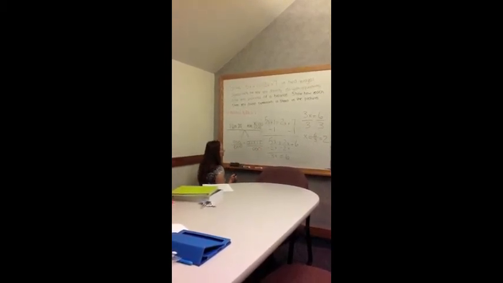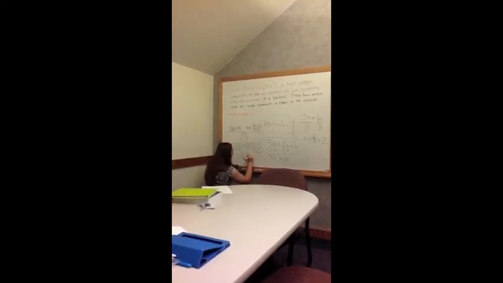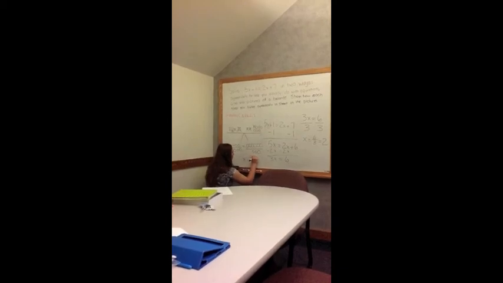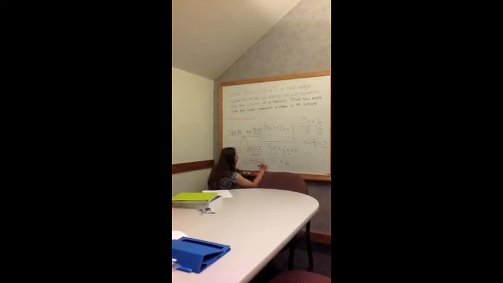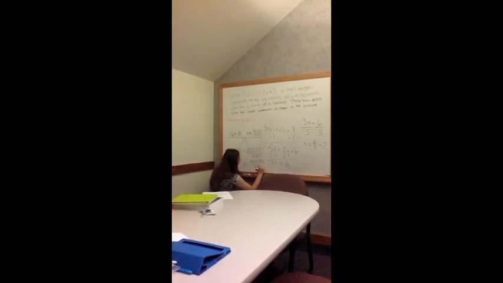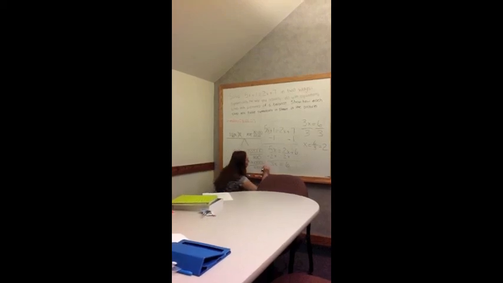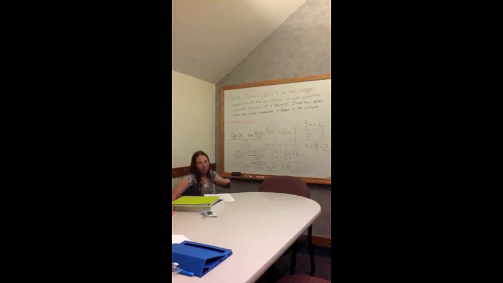So that will leave us x equals 6 over 3, which, what we learned earlier, equals 2. Are there any questions?